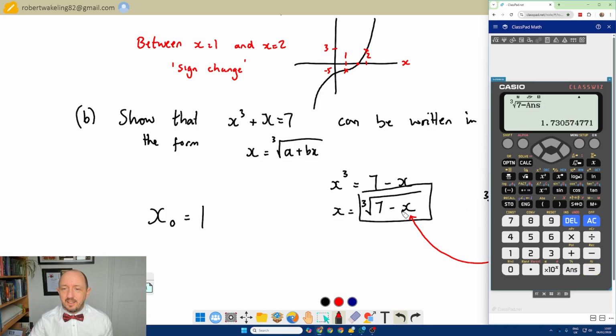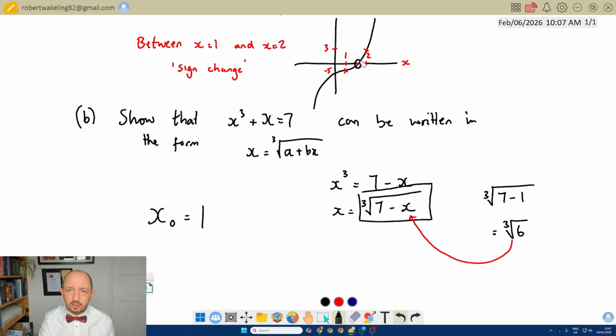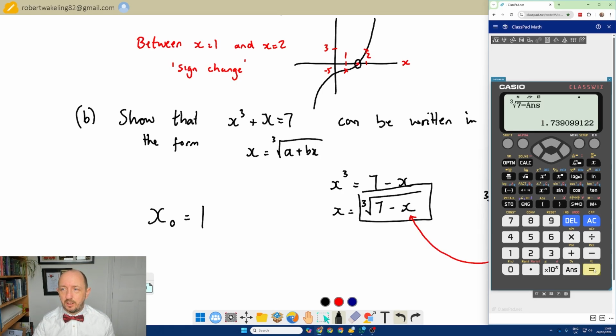And then I do the cube root of 7 minus this answer. Well, the calculator already has that, so I just have to literally press equals. And this will be my 3rd iteration, my 3rd time through the cycle. Okay, and what you'll find is this number that we're getting, this 1.74, is an approximation of the root or solution. It's going to get closer and closer to the actual answer. If I keep pressing this, you can see it's getting more and more accurate.